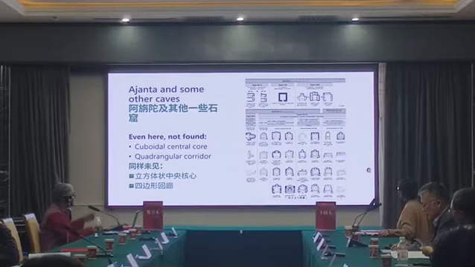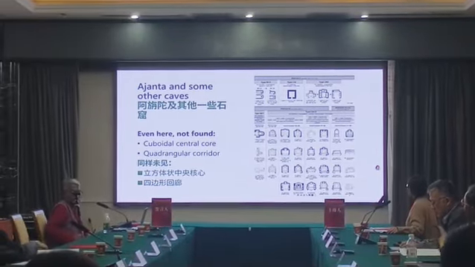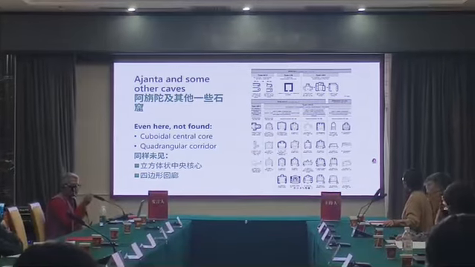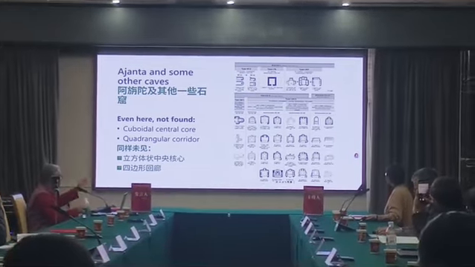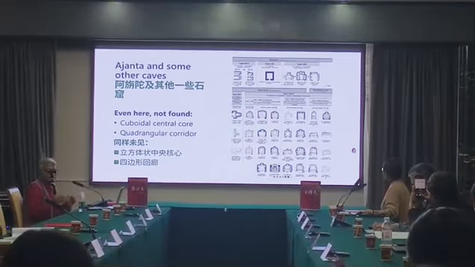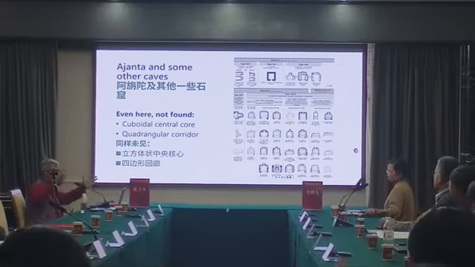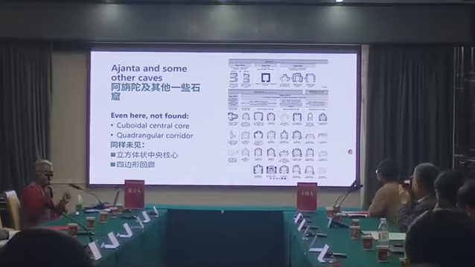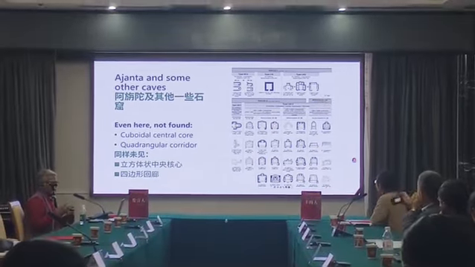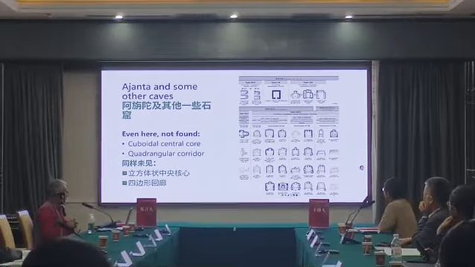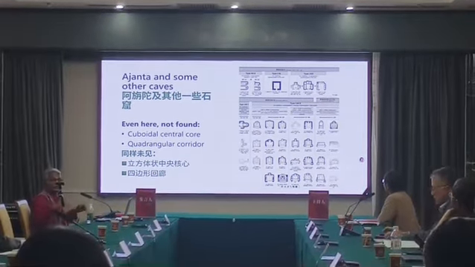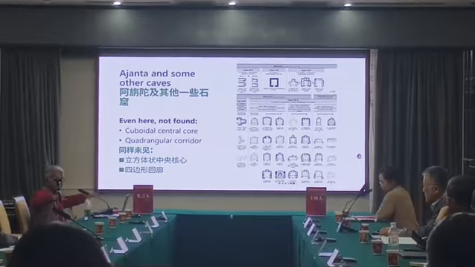Now here this is Ajanta, and some more caves contribute to Ajanta. Here also you can see Indian caves are very much different, because the rock in India, basalt rock, is harder than what you find in China. So it allows for making very deep caves.